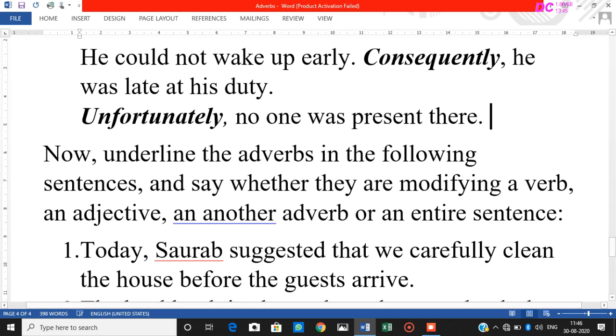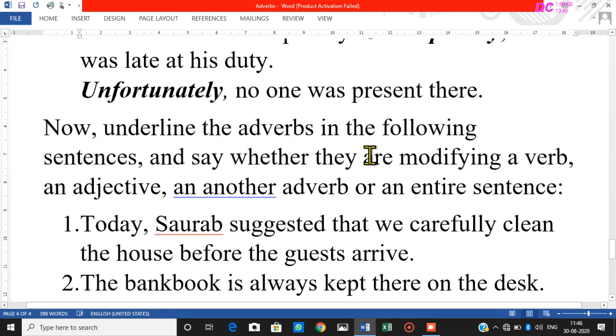Now, in another way, we can say an adverb is a word which adds to the meaning of an adjective, a verb, or another adverb. Or simply we say it modifies an adjective, verb, another adverb, or an entire sentence. Now, my dears, in your 11th class book there are some sentences.